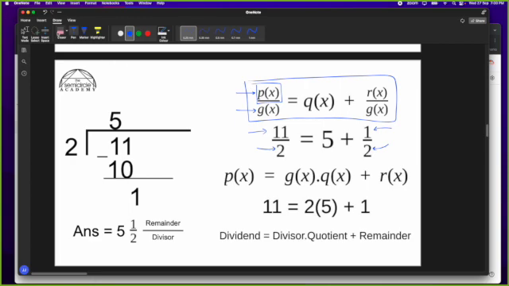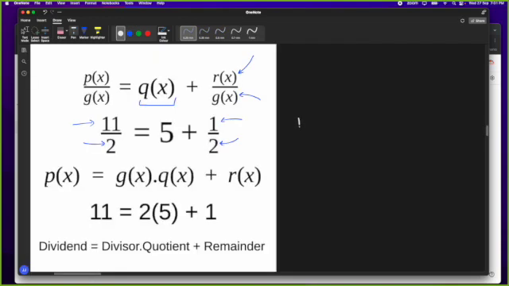But don't worry, the formula will get easier. P of x divided by g of x, the answer will give us q of x plus the remainder r of x over the divisor g of x. 11 divided by 2 is equal to 5 plus the remainder over the same 2.